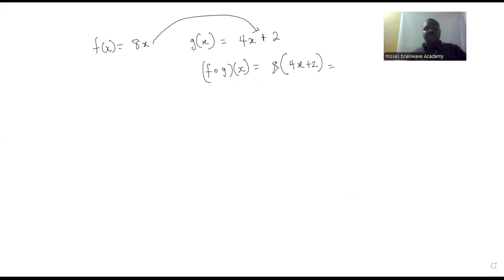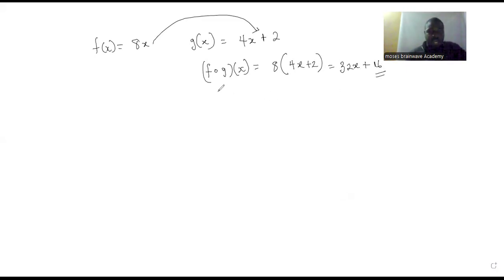So we're going to multiply 8 by 4. This should give us 32, right? So 32x then plus 16, you can verify.